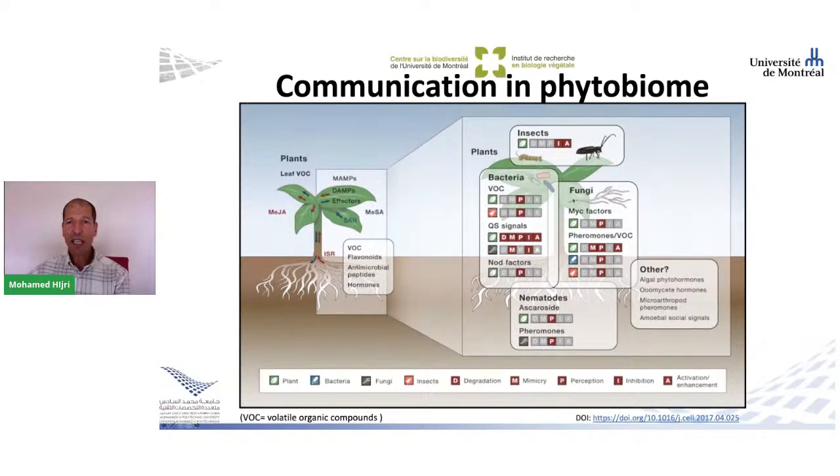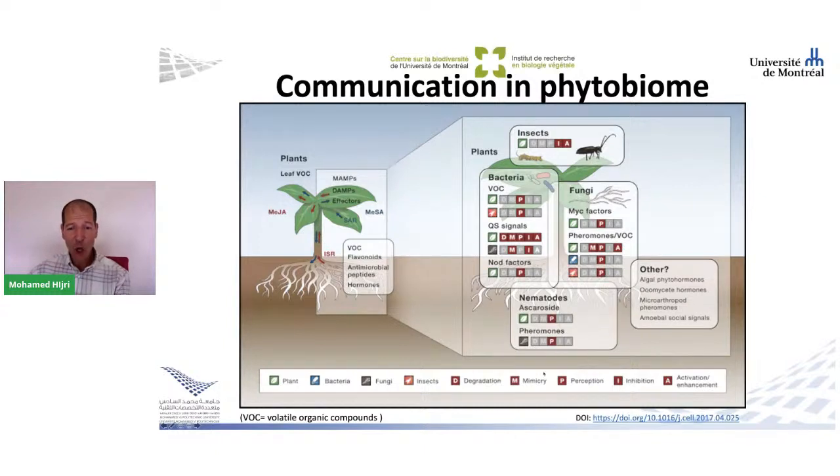So, communication in a phytobiome. Communication is extremely complex. As you can see here, these are really just examples. Here is the reference if you are interested in having more information. Typically in the roots or in the upper part of the leaf, we have different ways to communicate, either by using volatile organic compounds or different signals.